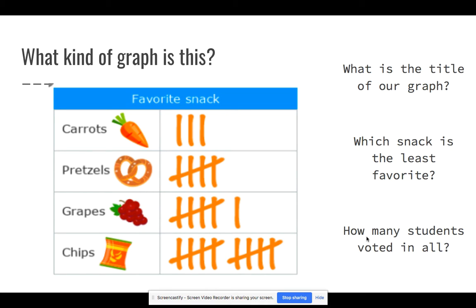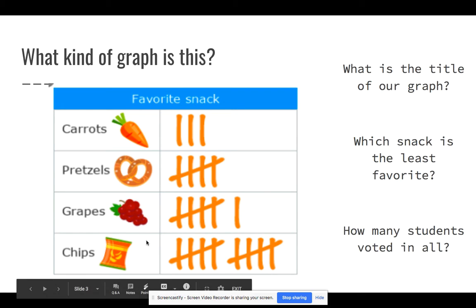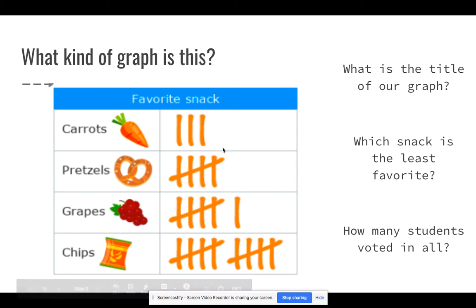And our last question, how many students voted in all? How can we find how many students voted in all? What do we need to go and count? We need to go and count all of our tallies for all of the snacks. So let's count together. We know that when we have a slash through the 4, that means it is 5.